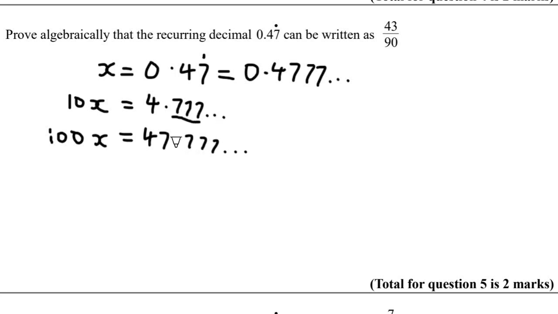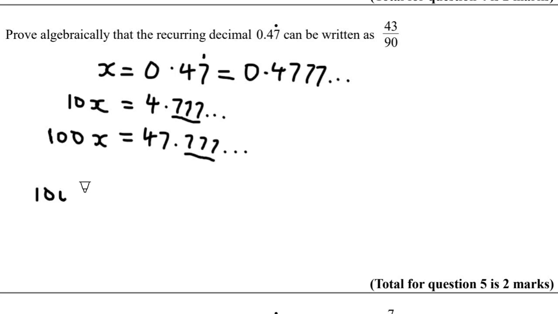And after the decimal for 100x, you again have a series of sevens recurring. So now, if we take the difference between 100x and 10x, that will eliminate the recurring sevens that we have after the decimal point. So that is exactly what we are going to do.